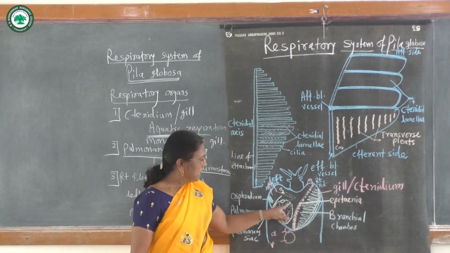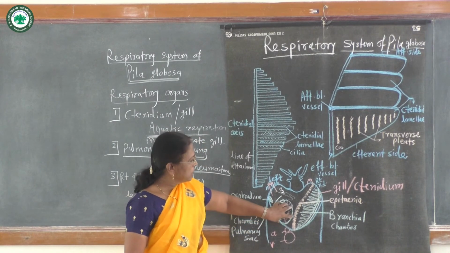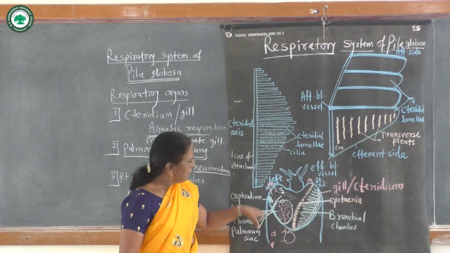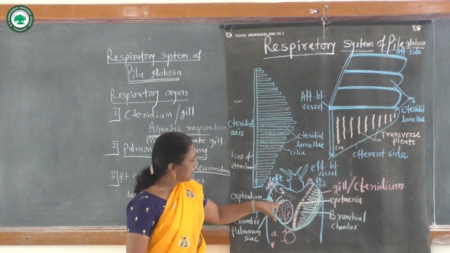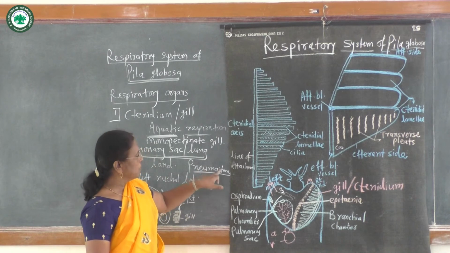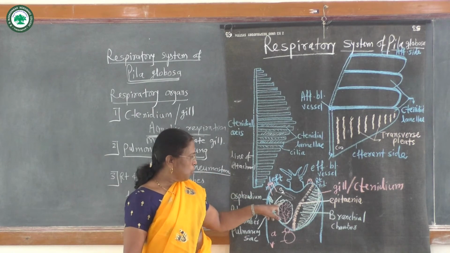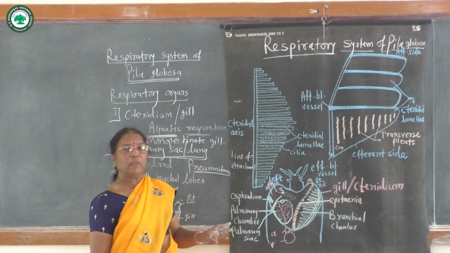Means this pulmonary sac opens into the pulmonary chamber by means of a small aperture, called the pneumostome. This pneumostome is guarded by unequal valves.